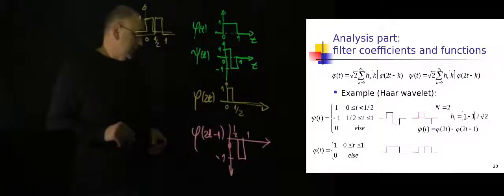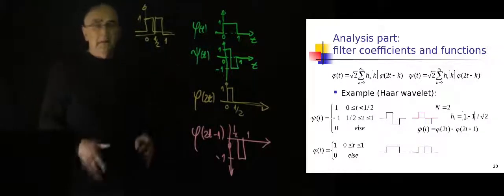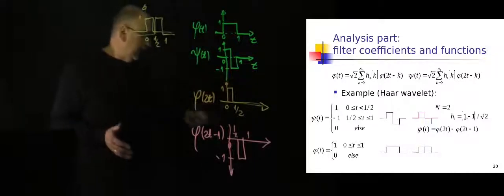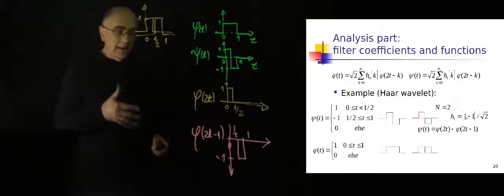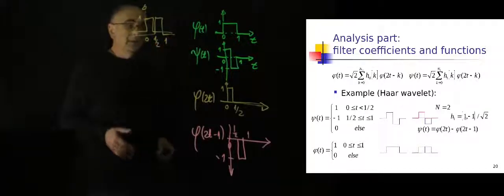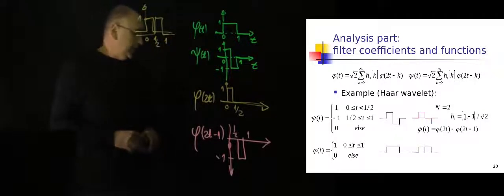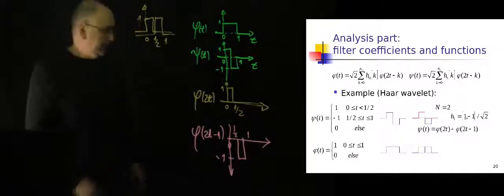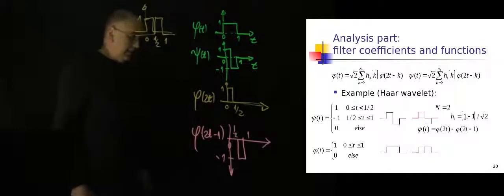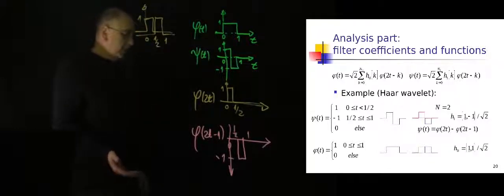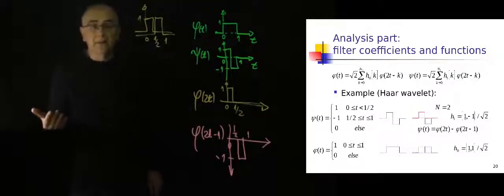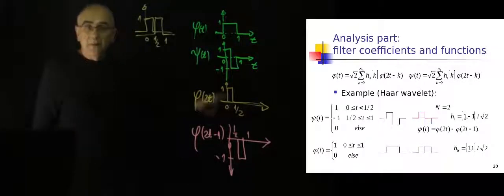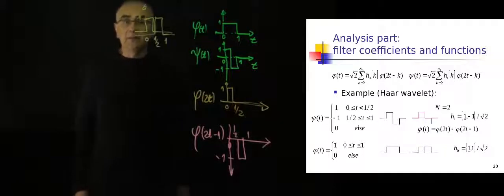In general it can have many addends, but in our case it has only two. In case of Haar wavelet it has only two coefficients, and actually these are our coefficients. We have already seen that. And yeah, scale function corresponds actually to another pair of coefficients, 1 over square root of 2 and 1 over square root of 2. We have already seen those coefficients.